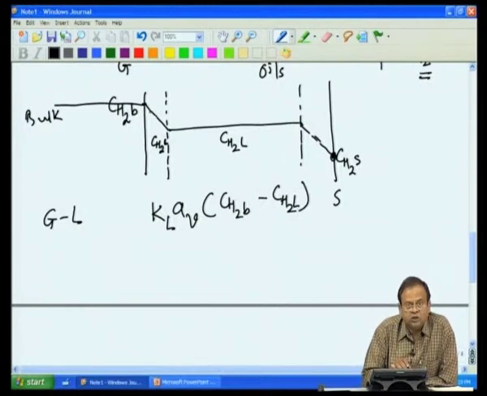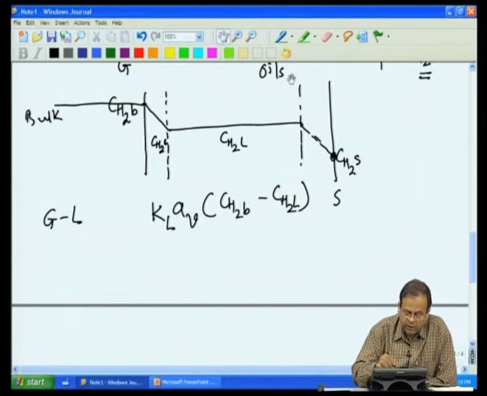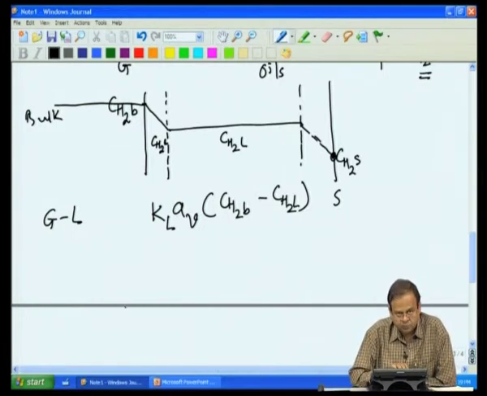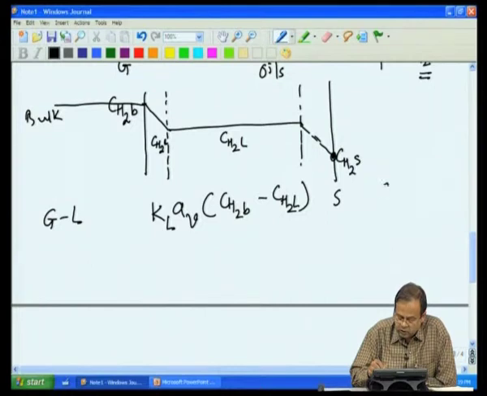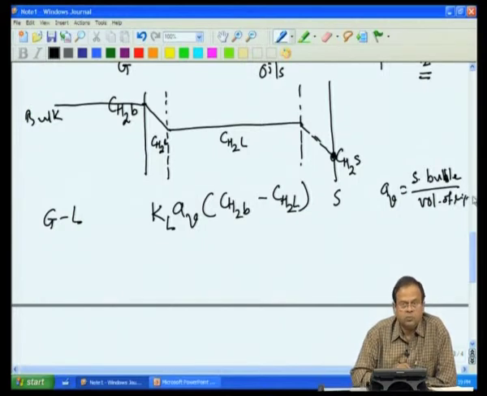The concentration difference between these two levels is my driving force, and that driving force times the area available for mass transfer. So, AV here is the surface area of the bubble per unit volume of the liquid, okay, and KL is the mass transfer coefficient.